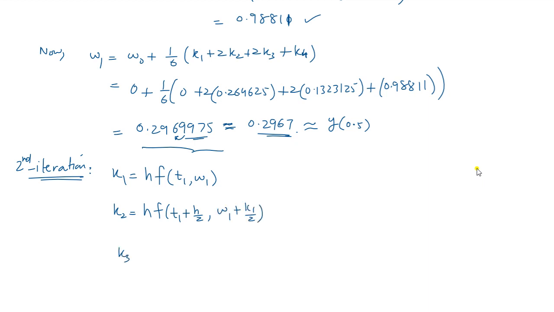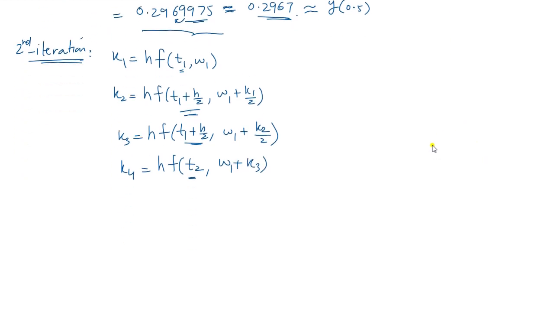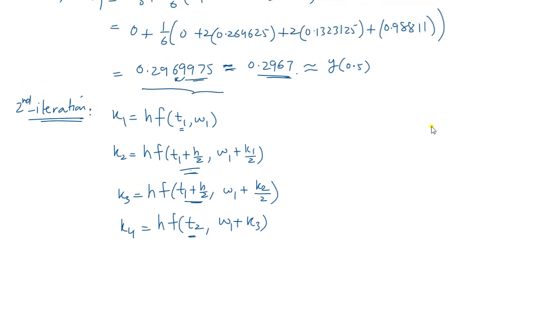And K3 will be H F of T1 plus half H and W1 plus half K2, and then K4 will become H F of T2. The next step, we start with T1 and these two use midpoint, T1 plus half, but then T2. And here W1 plus K3, because I don't use half here. So after doing this again, using the same method, you will get W2.